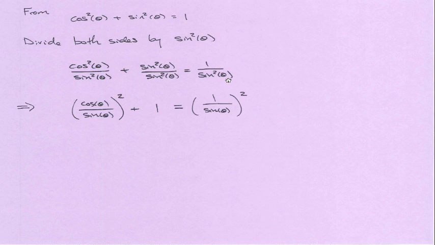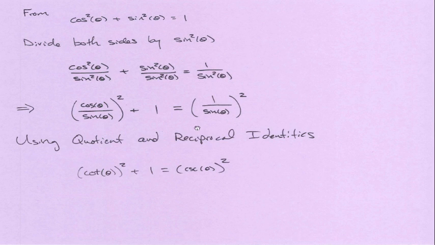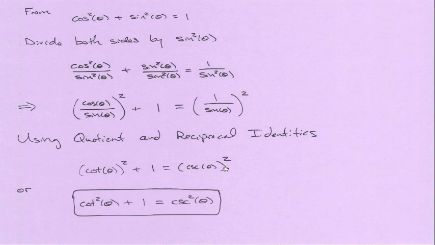Doing the same tricks with the exponents, we have a (cosine over sine) squared and a (1 over sine) squared, which with our quotient identities and our reciprocal identities gives us cotangent of theta squared plus 1 is equal to cosecant of theta squared. Okay, and so we have our third Pythagorean identity: cotangent squared of theta plus 1 is equal to cosecant squared of theta.